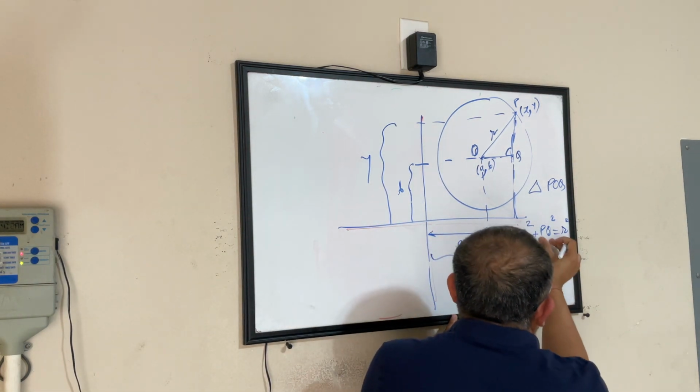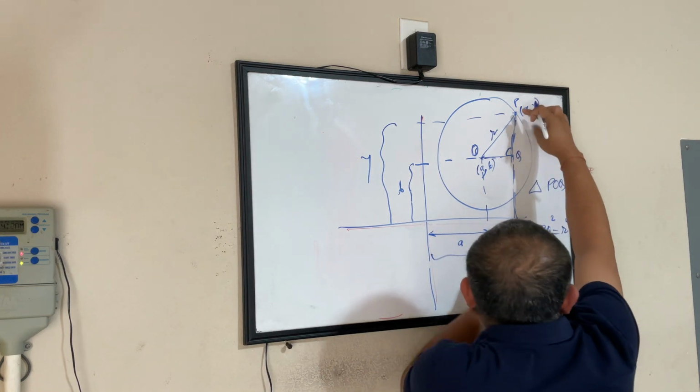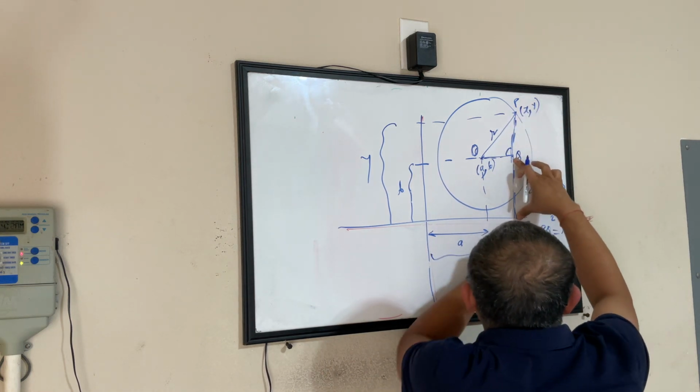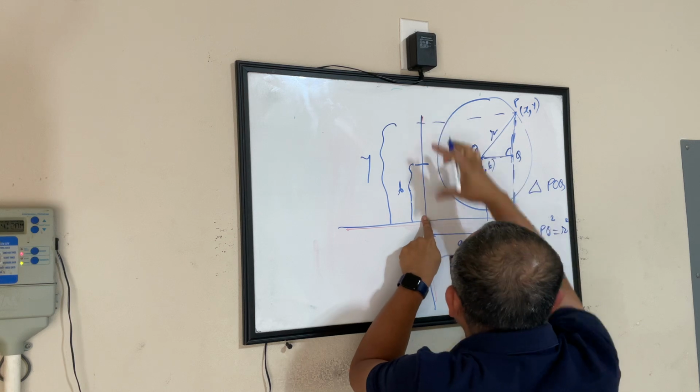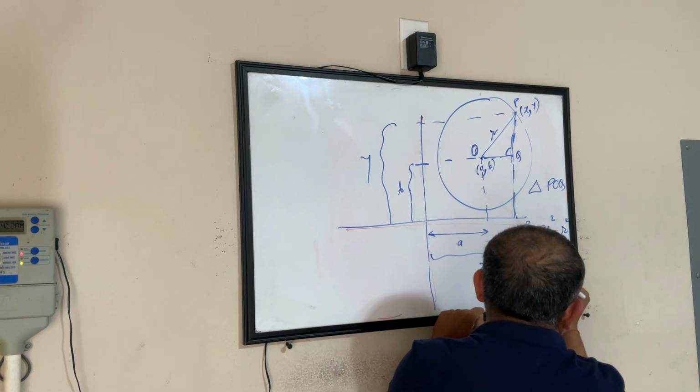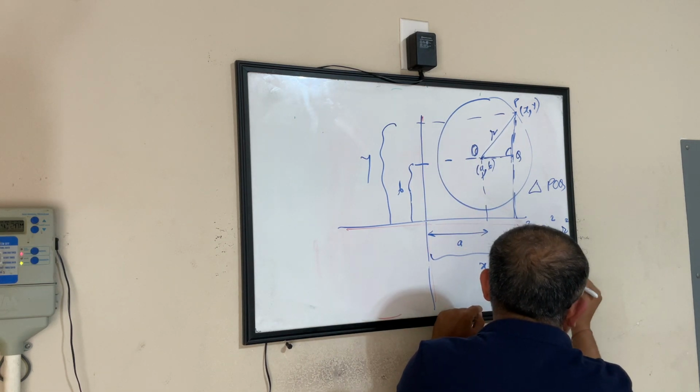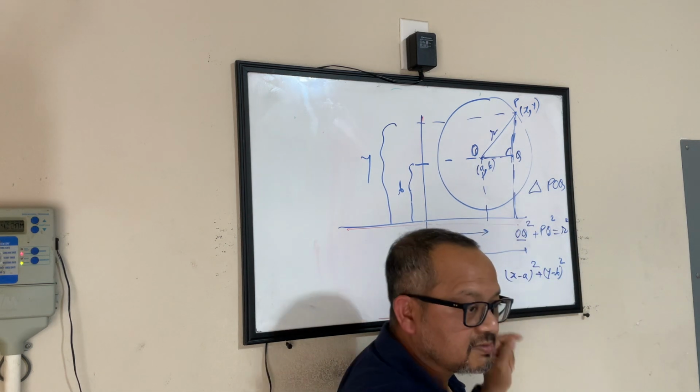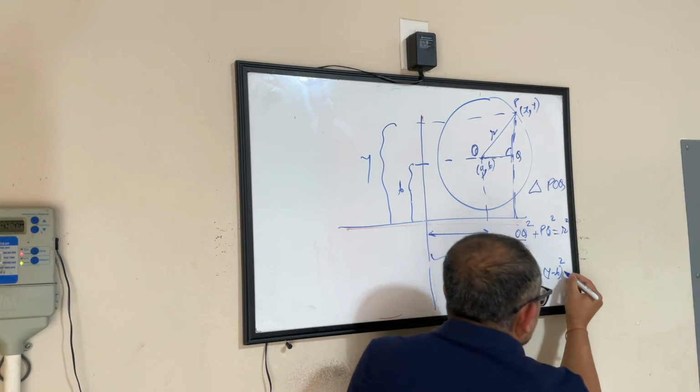Plus PQ, meaning this length, is nothing but this whole length minus this length. This whole length is y and this length is b. This becomes y minus b square. PQ square is nothing but y minus b square, equal to r square.